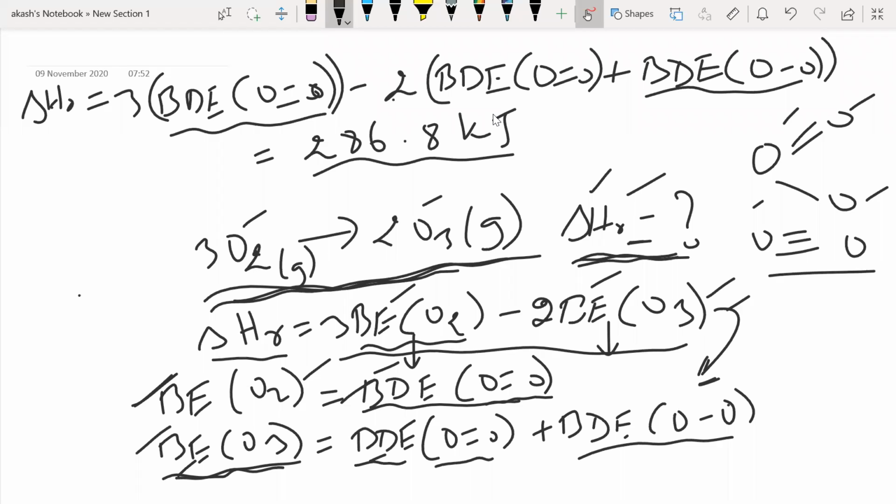No, sir, I mean the final answer is coming negative for me. Minus 115.8 I'm getting, sir. Oh, okay. So what is going wrong then? We did this correctly: delta H_R will be equal to 3 into bond enthalpy of O2 minus 2 into bond enthalpy of O3.